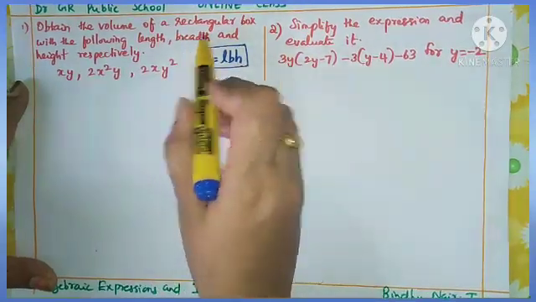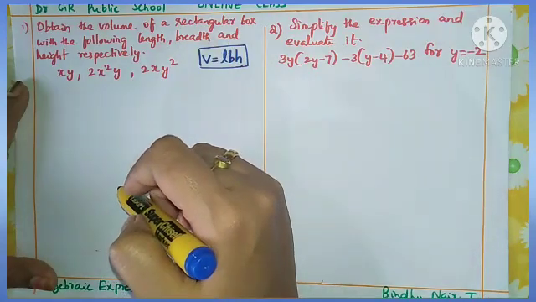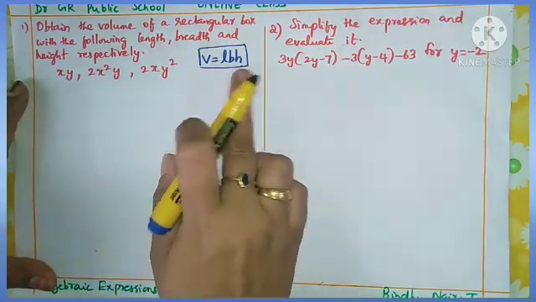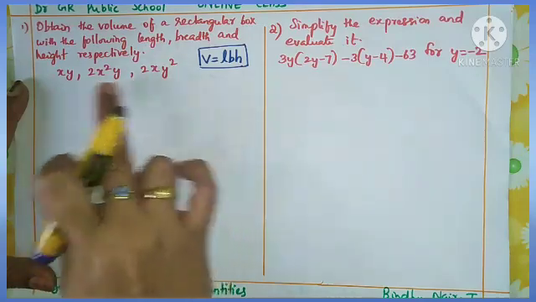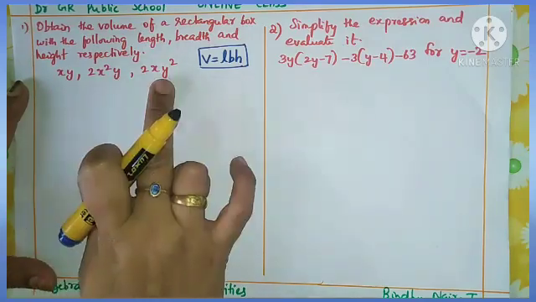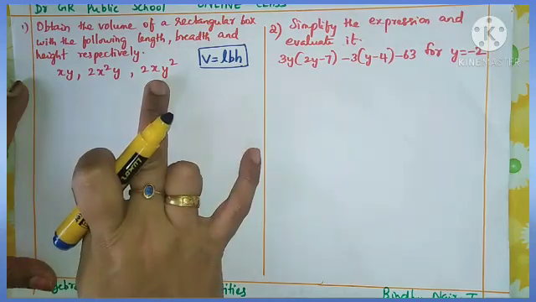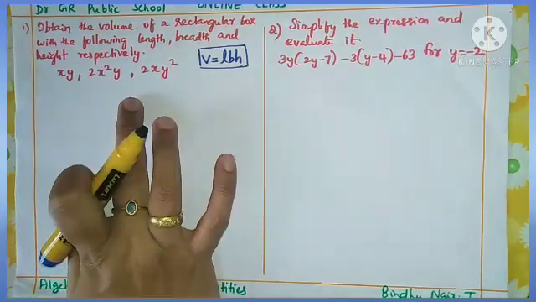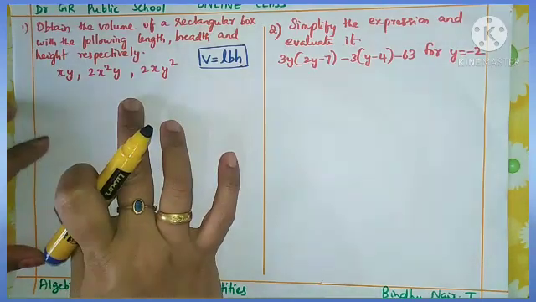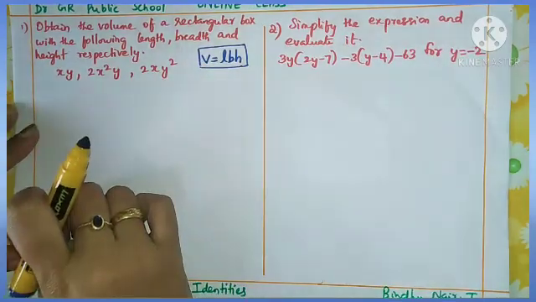So this is the formula for volume of a cuboid. Here the rectangular box is to be considered as a cuboid, and we need to multiply these 3 monomials given here. This is one term, one term, one term. So 3 different monomials are given. When you multiply these 3 monomials, we will get the volume of the required rectangular box.